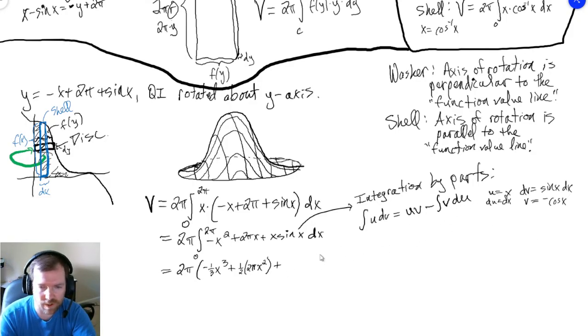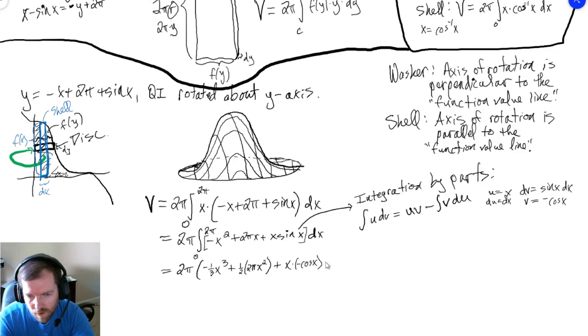So, substituting into this formula here, we get the integral of x sine x dx is going to be, technically, all of it gets multiplied by dx. This is going to be u times v is x times the negative cosine of x minus integral of negative cosine x times du is just dx. And this is going to be evaluated from 0 to 2 pi.